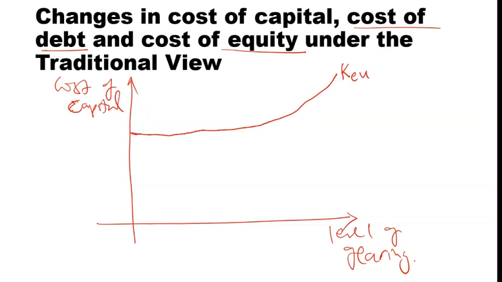Initially the cost of equity was low because the firm was not geared.